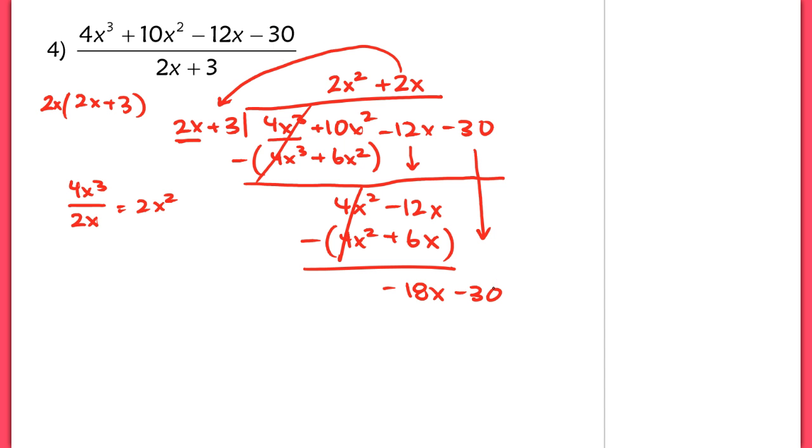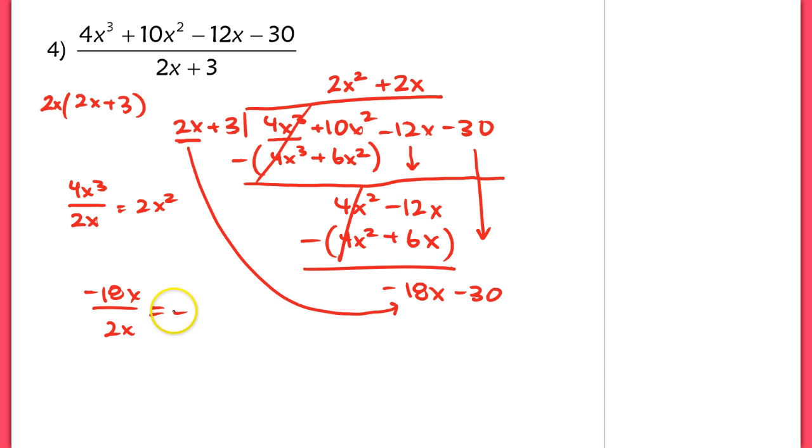So we ask ourselves here in this problem, how many times does 2x go into negative 18x? Now 2x goes into negative 18x negative 9 times, okay? So I write a minus 9 here at the top, and I take negative 9 now, I multiply it by this polynomial here, 2x plus 3, and I end up with negative 18x minus 27.